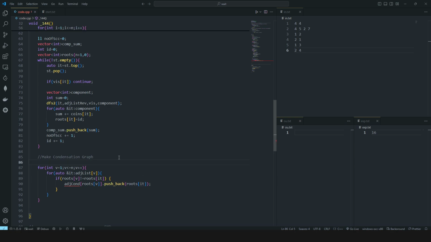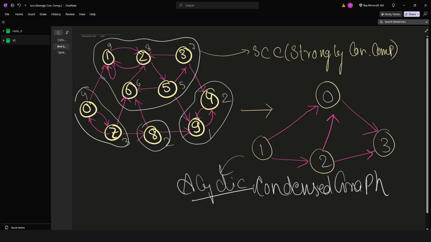So let me initialize this adjacency condensed list here. So vector of int, and I'll be using one based indexing here only. So using this our condensed graph is made, right?